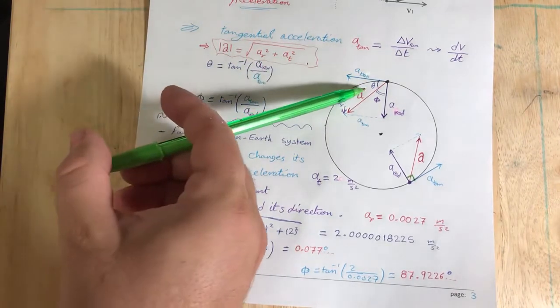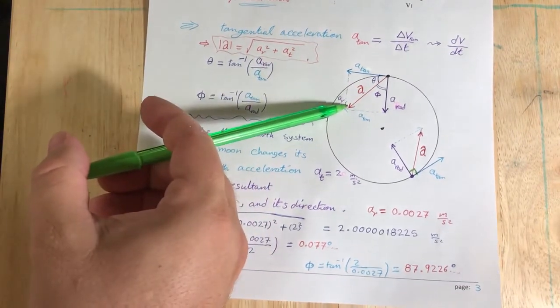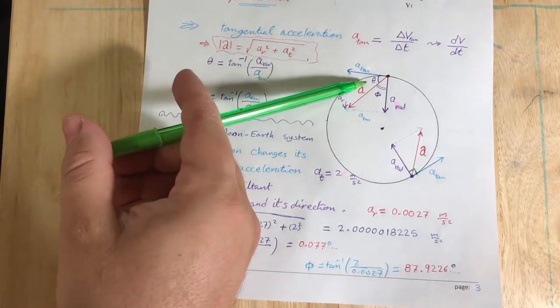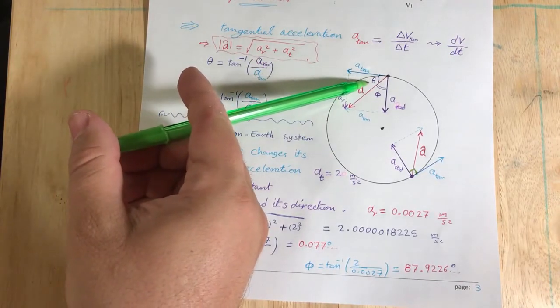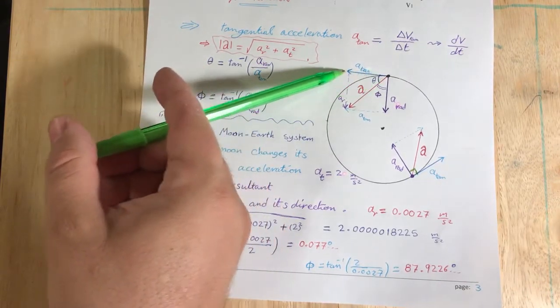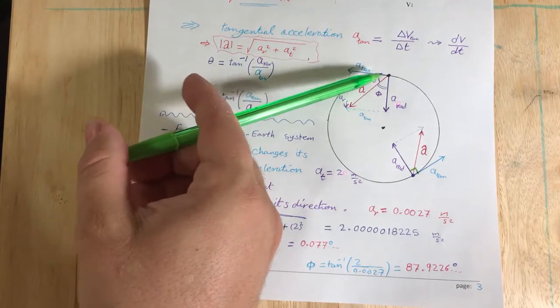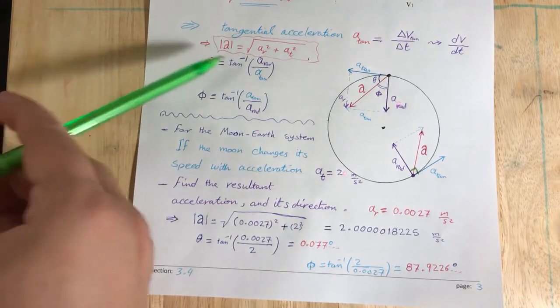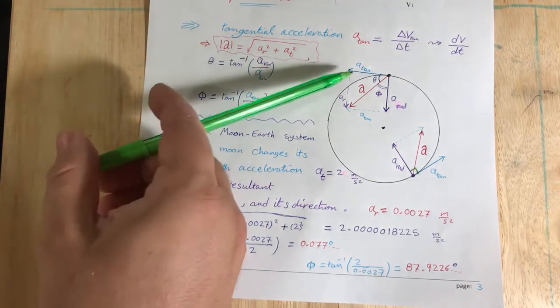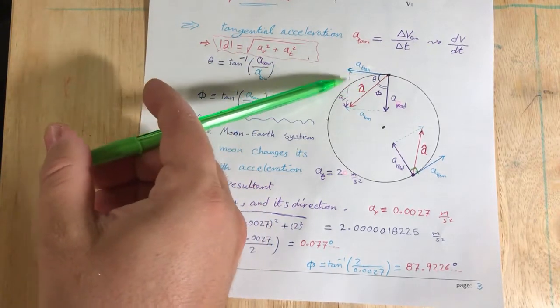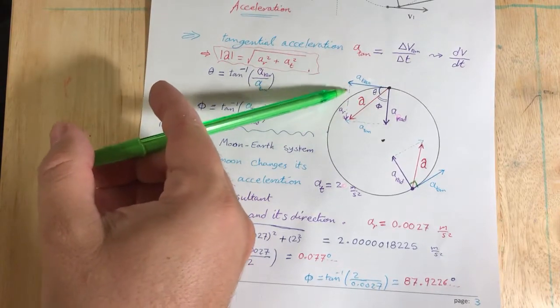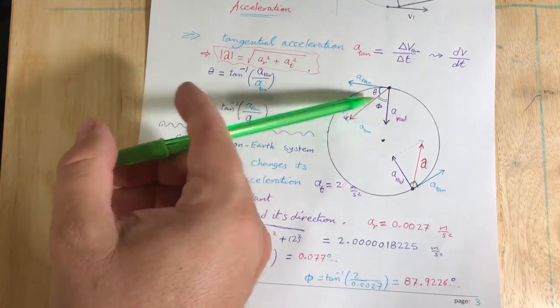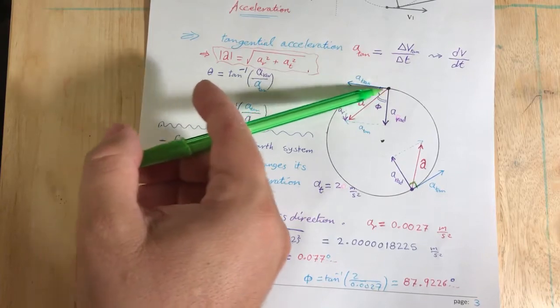What is the angle theta? What is the direction of that acceleration? If I need to find the angle from the tangential direction, which is theta, or from the radial direction, which is phi, I can use tan inverse. tan theta is equal to this side, which is a_r, over a tangential.